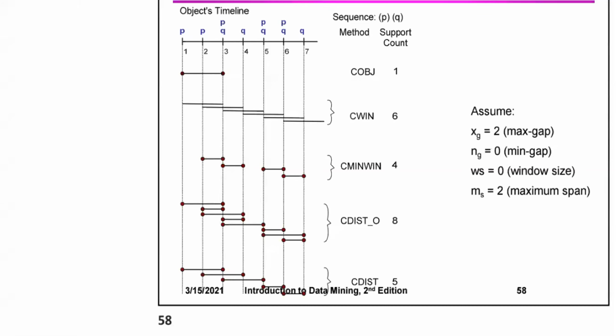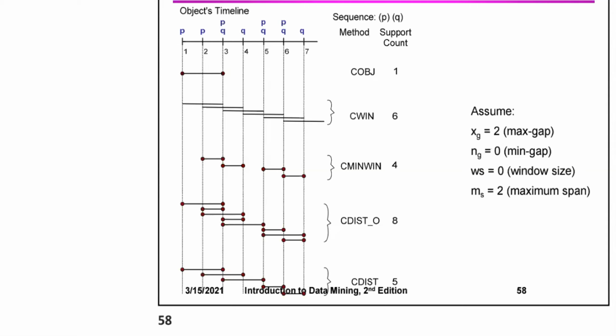In other words, the minimal window is the time interval such that the sequence occurs in that interval, but it does not occur in any of its proper subintervals. This definition can be considered a restrictive version of CWin, because its effect is to shrink and collapse some of the windows that are counted by CWin.